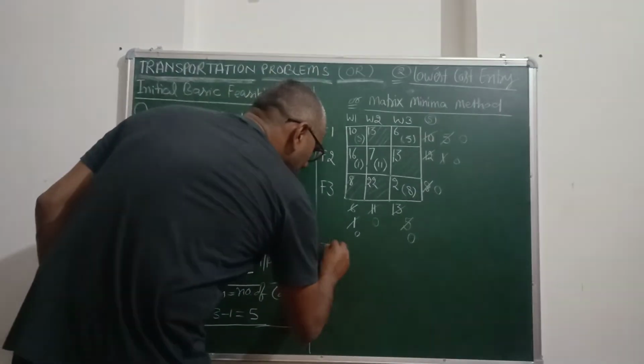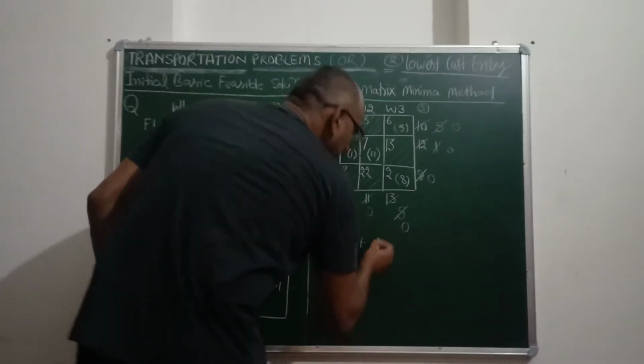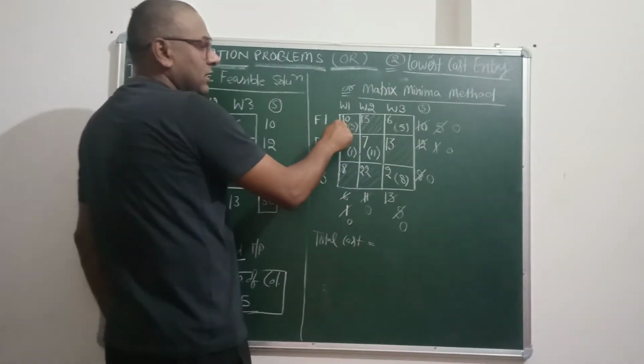Okay, so the total cost using this method is found by multiplying the allocation by the unit value.